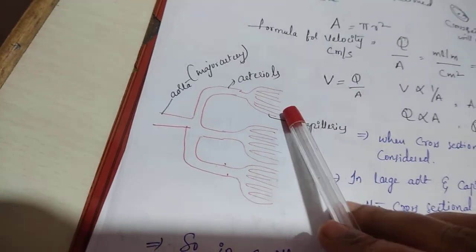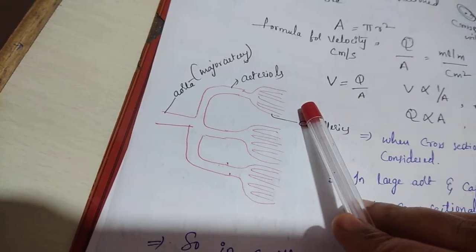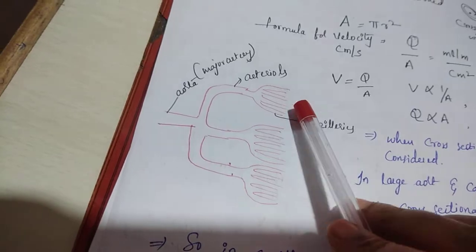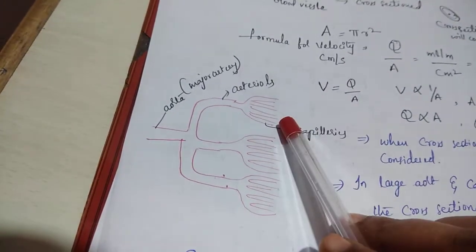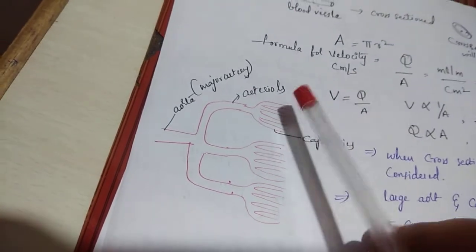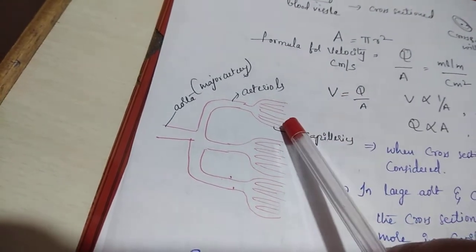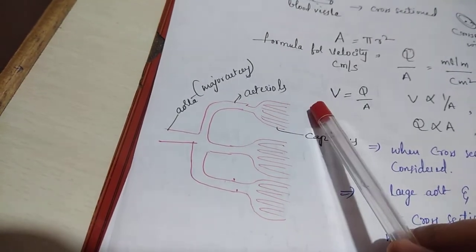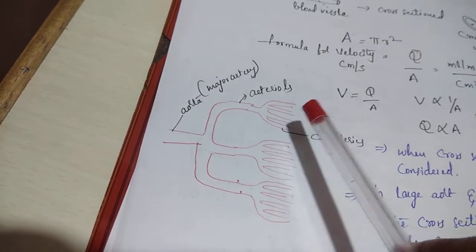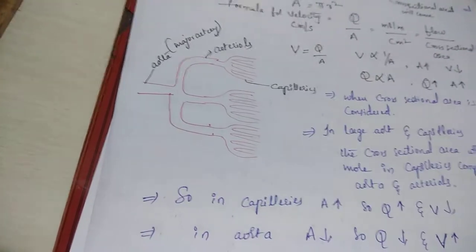Will it get enough time to exchange the gases and energy? There will be no proper exchange of gases and energy. That's why the velocity is less in capillaries, so it will get enough time to exchange the gases and energy. This is the useful thing.